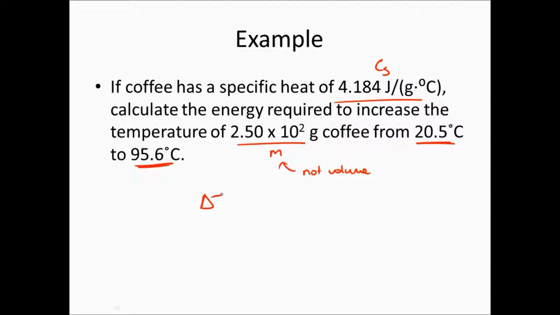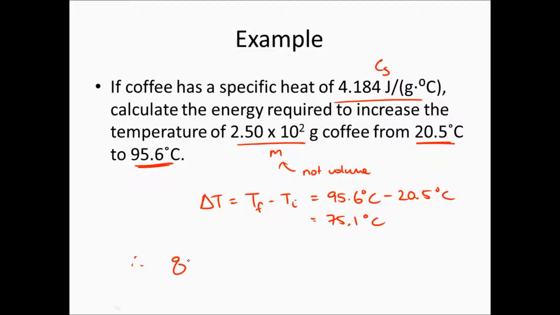So the change in temperature is the final temperature minus the initial temperature, which is 95.6 degrees C minus 20.5 degrees C, so that's 75.1 degrees Celsius.